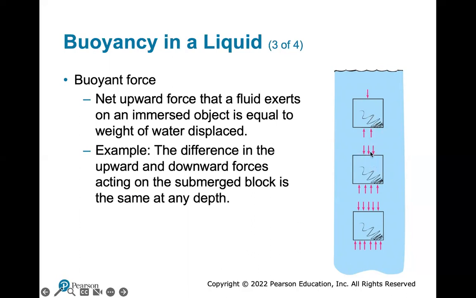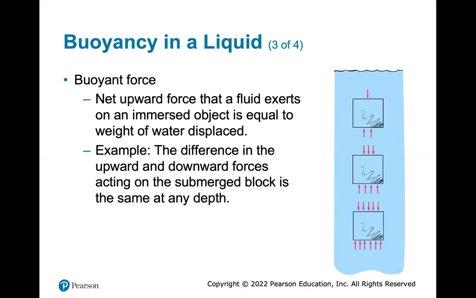Well, look at it here. There's 3 pointing down here. There's 4 pointing up here. So what's the difference? 1. And here they show 5, and here they show 6. You can see that the vectors increase with increasing depth, but the difference between the downward vectors and the upward vectors is always 1 in favor of the upward vectors.